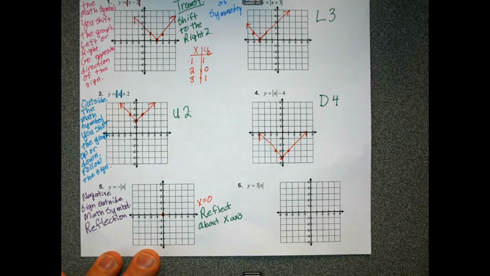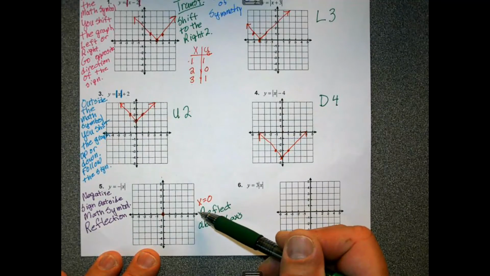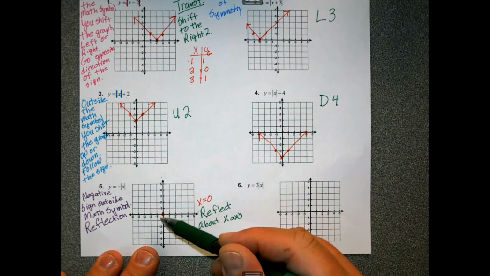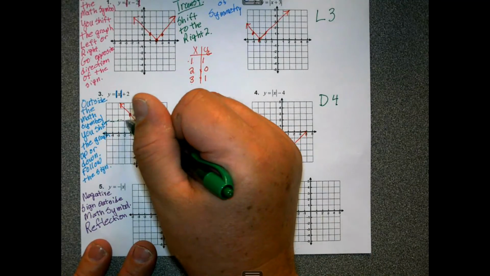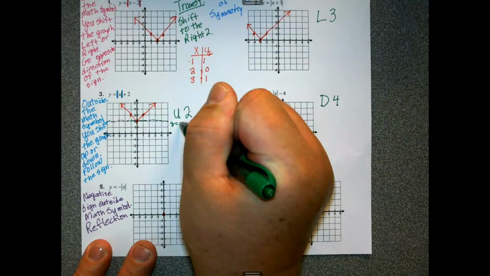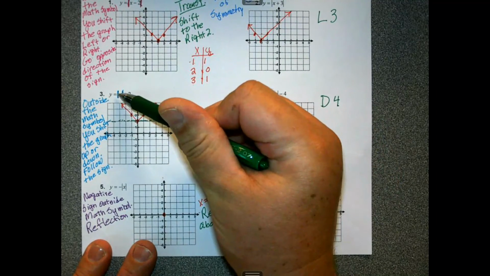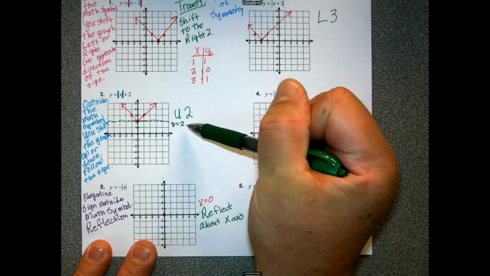Okay? Because wherever our vertex is, that's the horizontal line that we reflect about. In this case, our x equals 0. In this case, remember our vertex was at y equal 2. So if we had a minus sign in front of there, we would reflect about the line y equal 2.